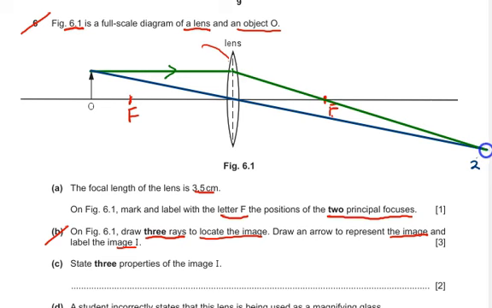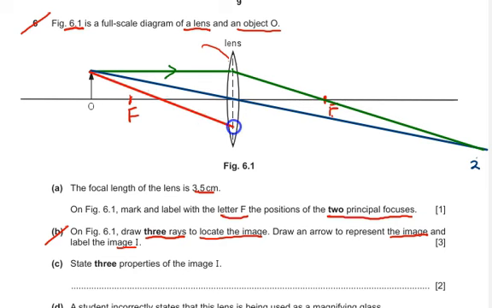And you can see the intersection point here, right? So this is your image. So now I have to draw another line, let me use red color.